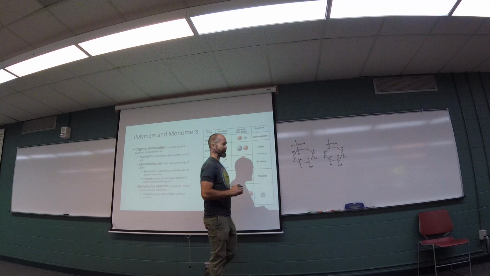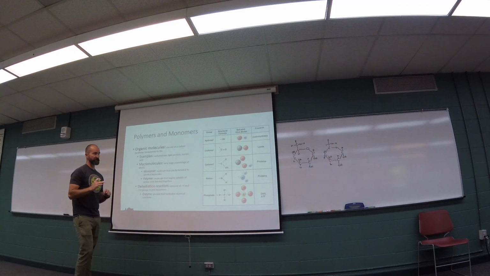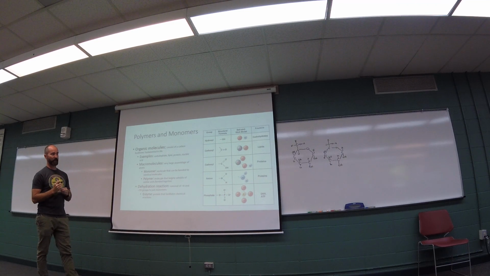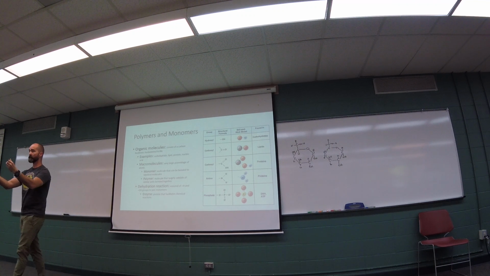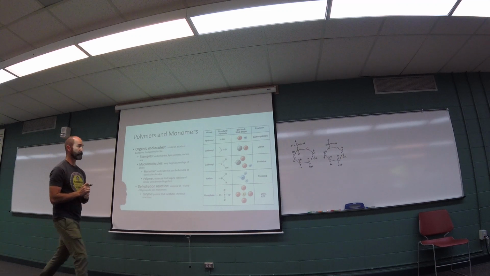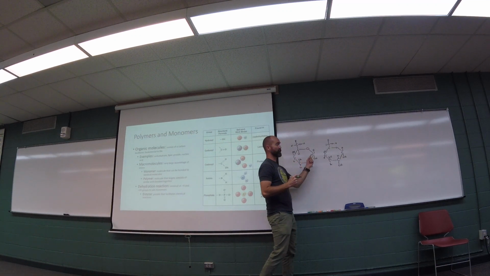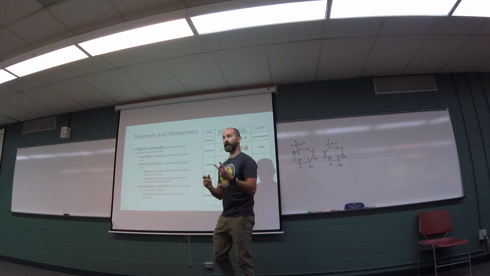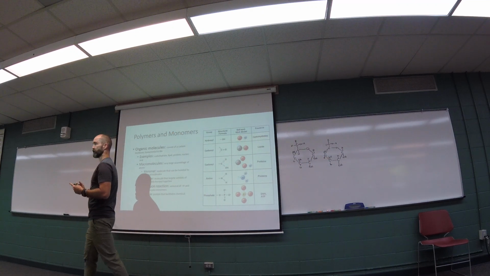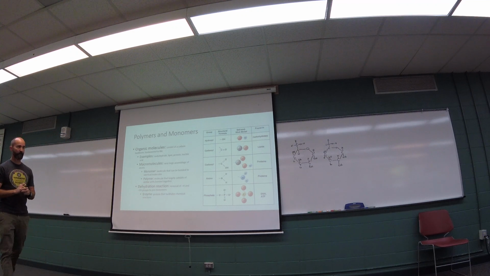We could use this process called dehydration synthesis to connect those 2 glucose molecules together. With dehydration synthesis, what we're going to want to do is to take a water molecule out of these 2 molecules collectively. We're going to need to take 2 hydrogens and an oxygen from those 2 molecules.